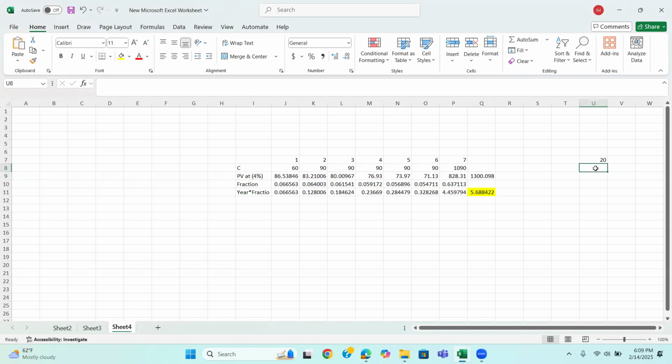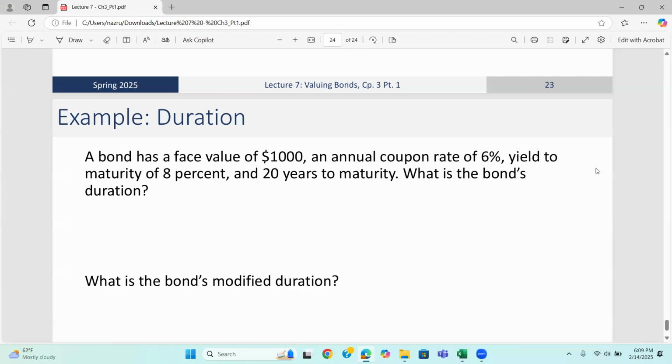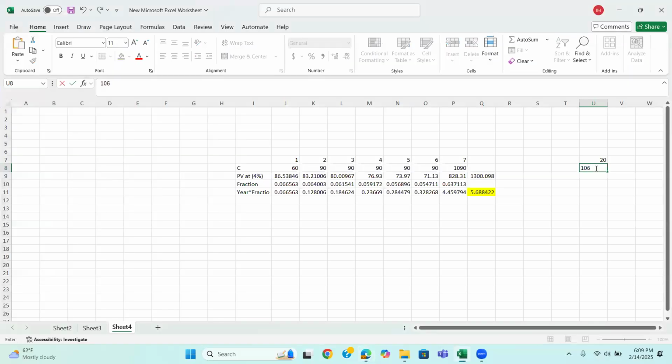And remember at year 20, it should be 1060, right? Your face value and your coupon payment. And then you divide to get the fraction value for each of the years, and you multiply by the number of years for each column, and then you ultimately find the total duration here.